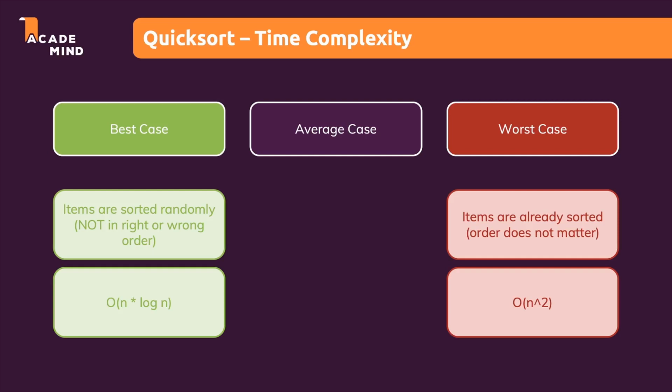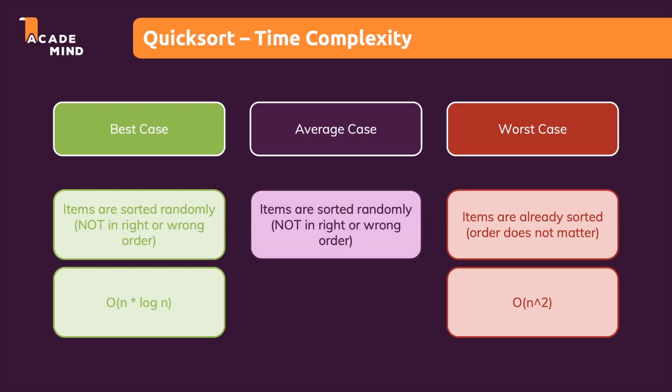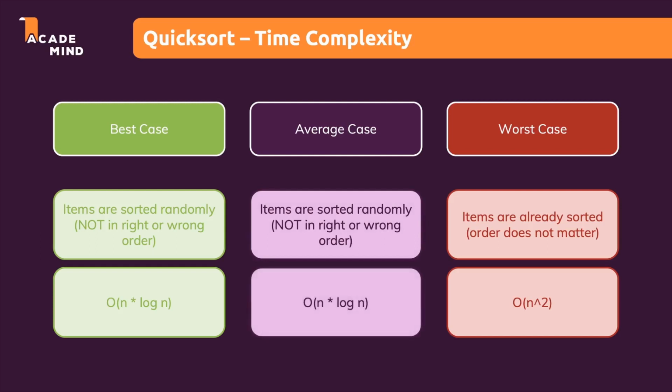And therefore, in the average case where we don't have sorted items, we also have that best case time complexity, which is better than quadratic time complexity. N times logarithm of n is better than quadratic time because it grows slower. It's simply mathematically smaller. Now, how do we derive this big O notation of n times logarithm of n, though?